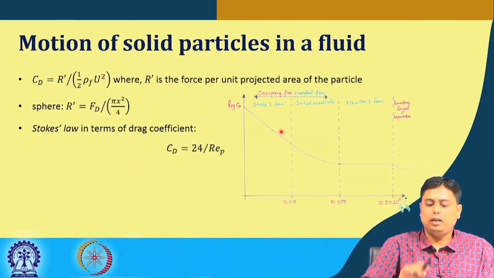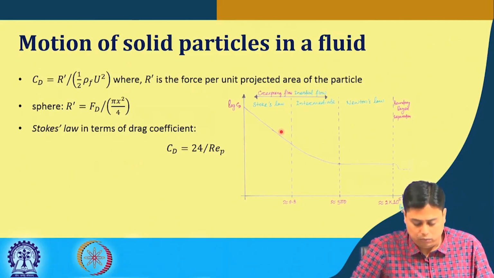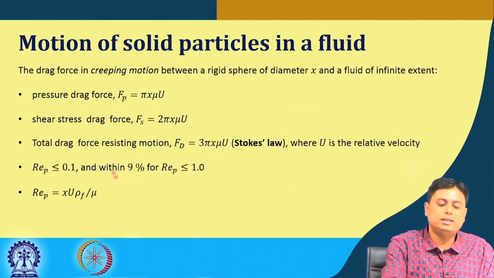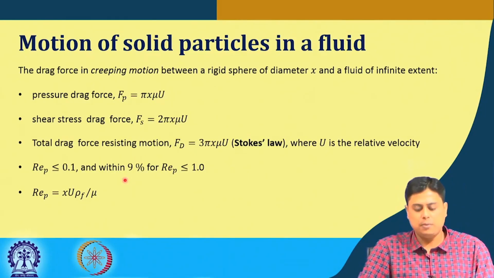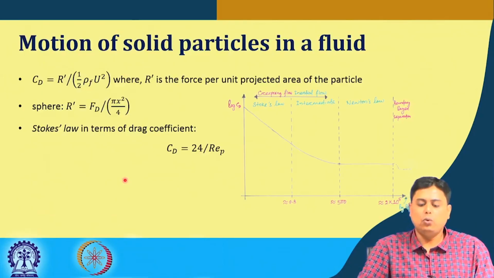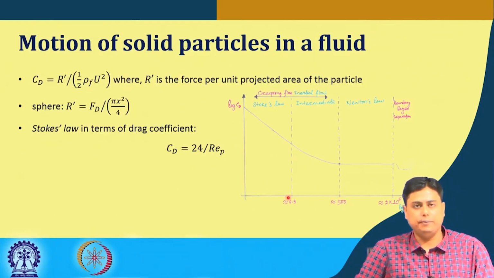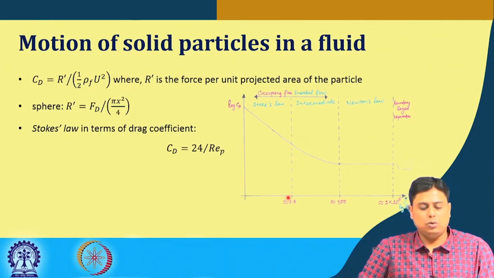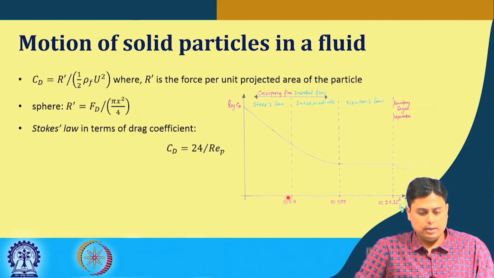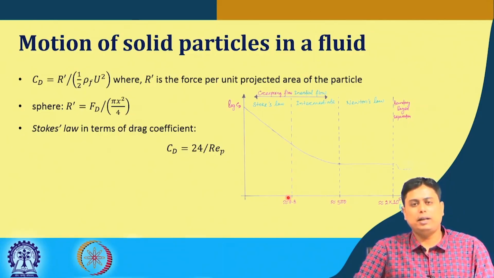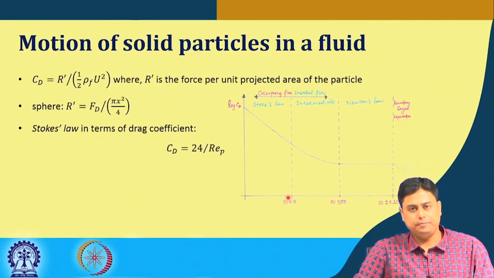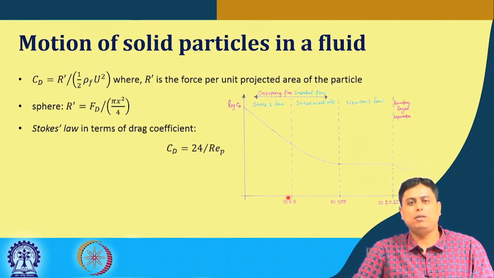So, if you consider that 9% is the acceptable accuracy limit, it holds true well till 0.3. Okay. So, Stokes' law is applicable till the particle Reynolds number of 0.3. If you apply it till the Reynolds number value 1, you can have reasonable accuracy, okay, but beyond that it is not acceptable.